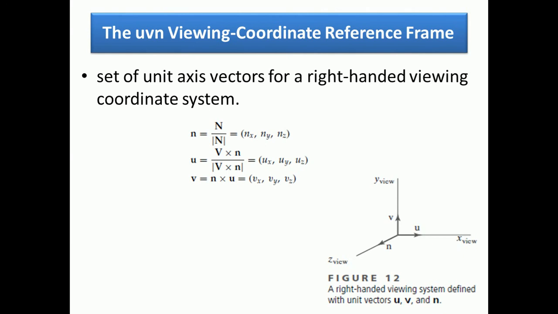Then v equals the cross product of n and u, which will produce (vx, vy, vz), right. So that is about u, v, n. The coordinate system formed with these unit vectors, that is u, v, n, is described as the UVN viewing coordinate reference frame, which is illustrated very clearly in this figure. As you know, u, v, n are perpendicular to each other, right.